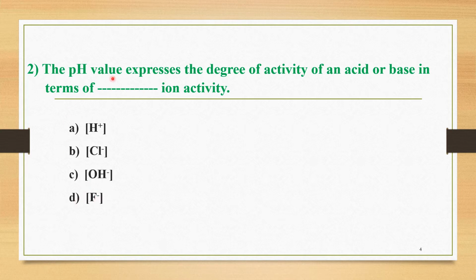We know very well that the pH value gives information regarding the degree of activity of an acid or a base, and this activity is given in terms of one ion concentration, and that ion is nothing but the H plus ion. That's why the correct answer of question number 2 is A, that is, it gives the degree of activity of an acid or base in terms of the H plus ion activity.